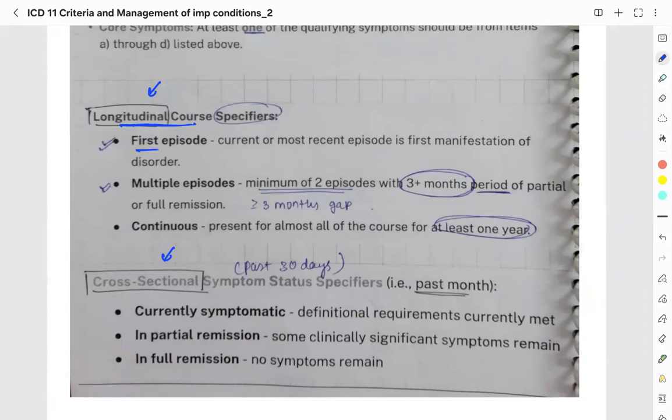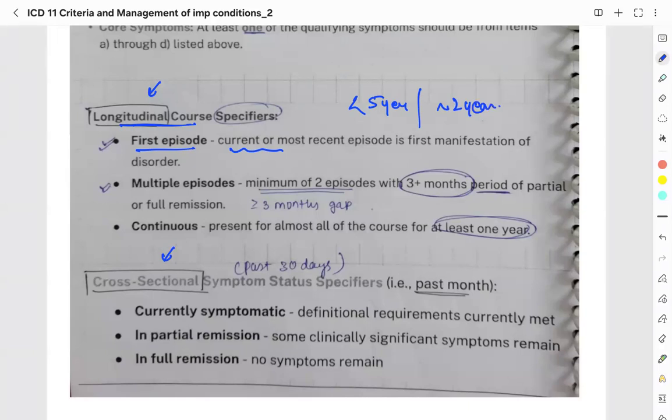So we have first episode, and current or most recent episode. First episode is the first time, and usually it is said to be less than 5 years. In some books, it is around 2 years.